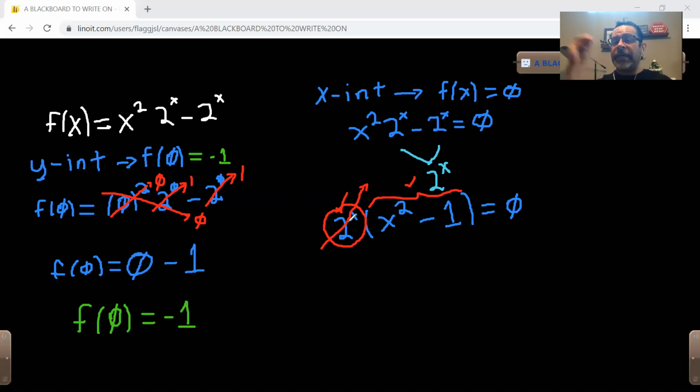Remember, an exponential. So if I have a base elevated to a power, that is never going to be 0. Remember that we define the range for that. And also because we can send this to the other side multiplying, and it's going to be eliminated. So we're left with x squared minus 1 equal to 0.